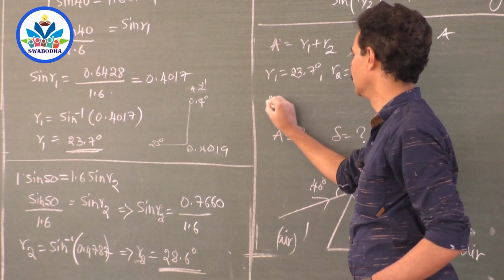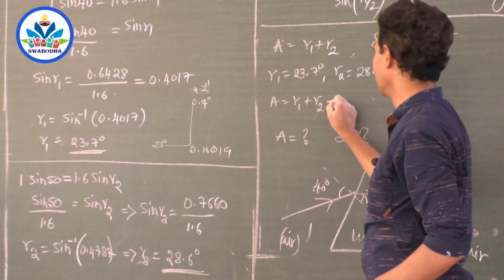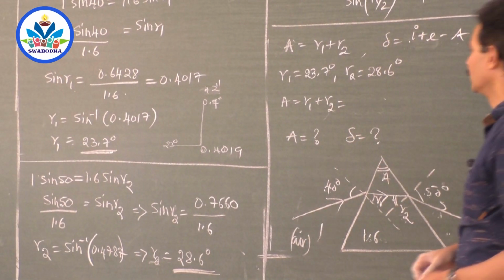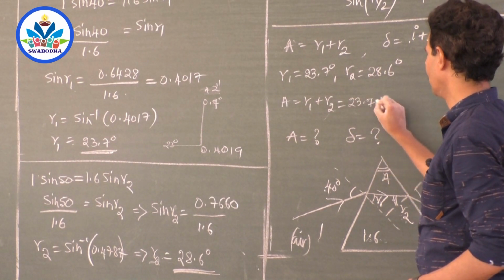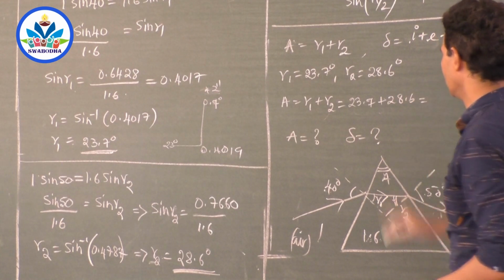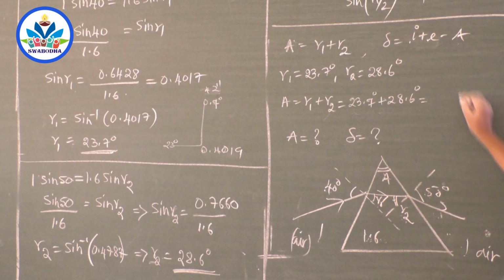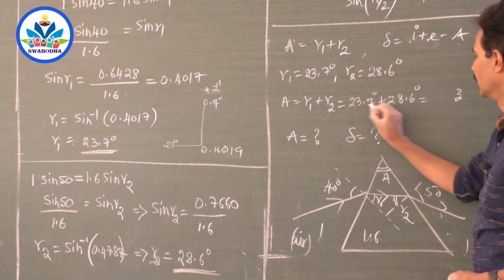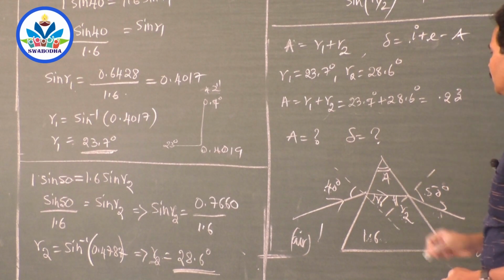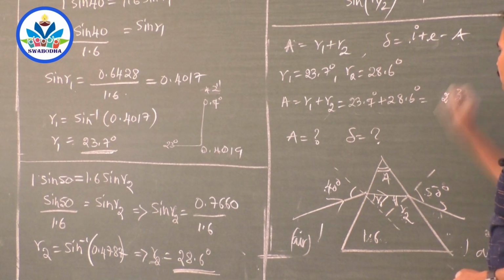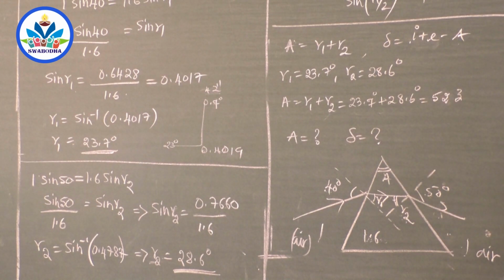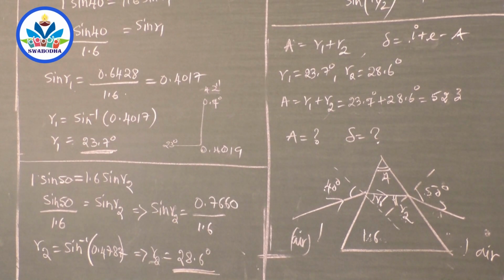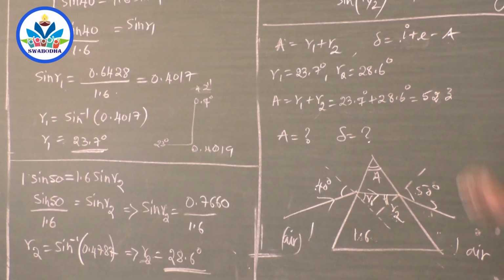A is equal to R1 plus R2, that is 23.7 degrees plus 28.6 degrees, which is 52.3 degrees.